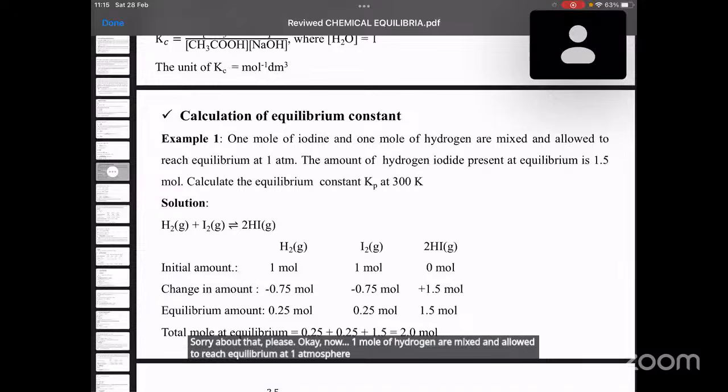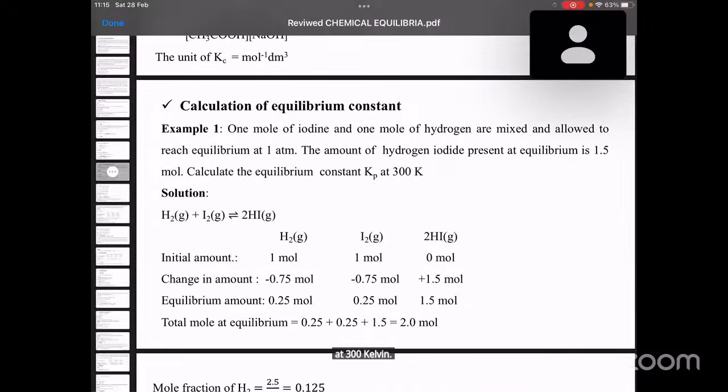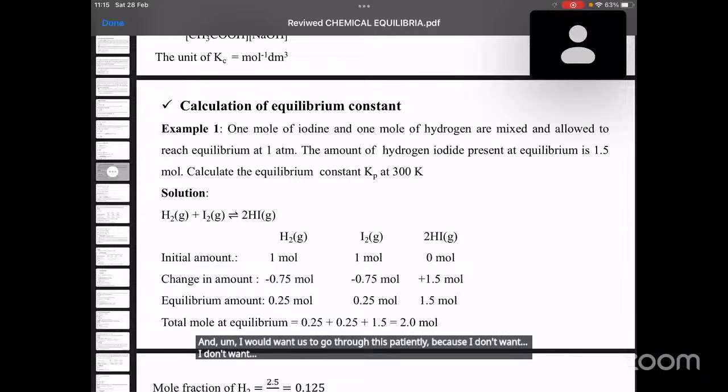The amount of hydrogen iodide present at equilibrium is 1.5 mole. Calculate the equilibrium constant, Kp at 300 Kelvin. Now, that is the equation for that reaction. And I would want us to go through this patiently because this is part of the reasons why I decided to use 2 hours for this class.